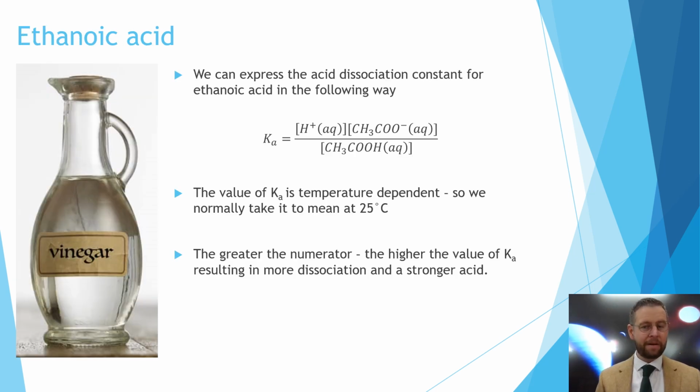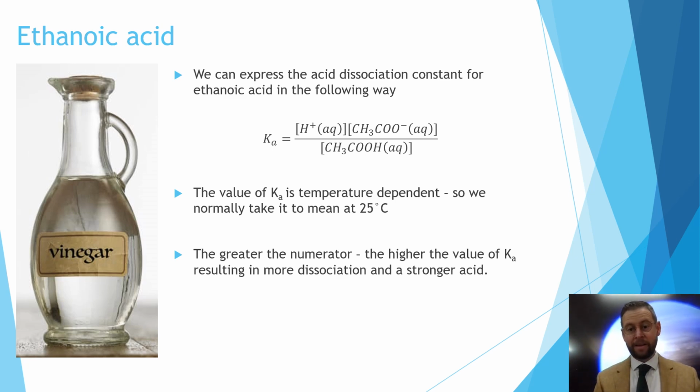A good example of a weak acid is ethanoic acid, or vinegar, to me and you. Now, in vinegar, we have a CH3 group connected to a C, double bond O, and an OH. Now, the final H in that OH group, or that COOH group, will dissociate first, and so we're looking at that dissociation.